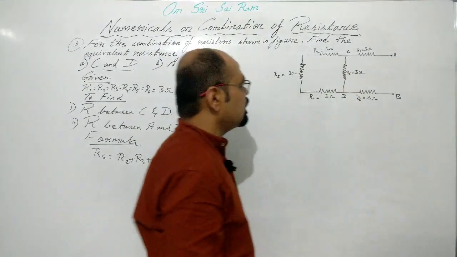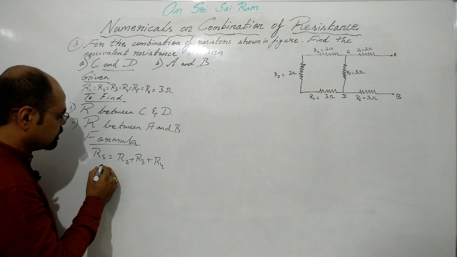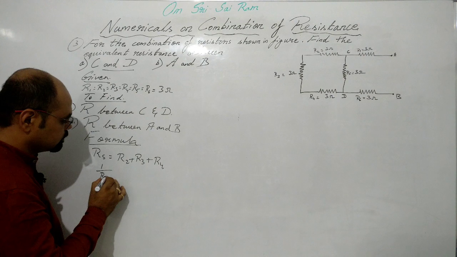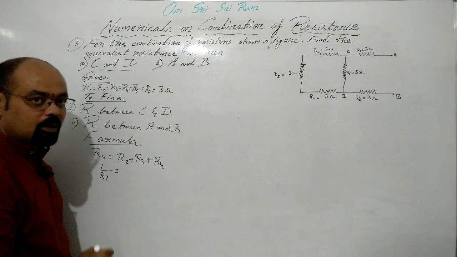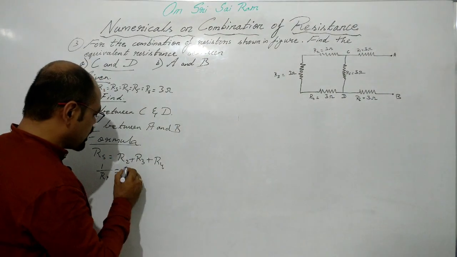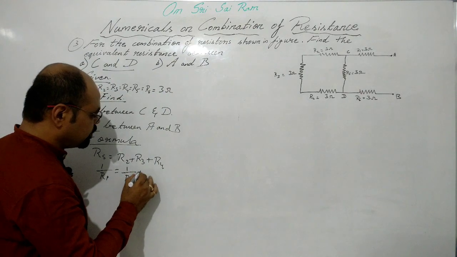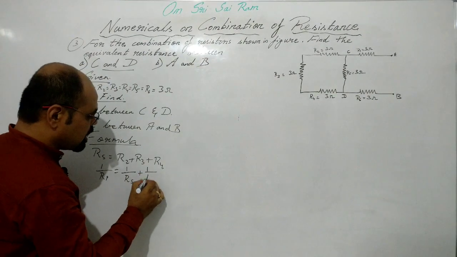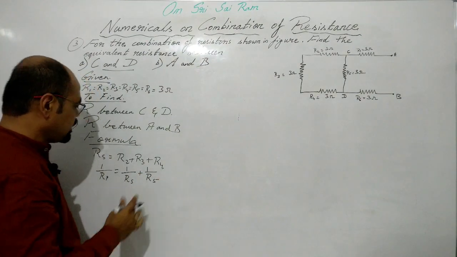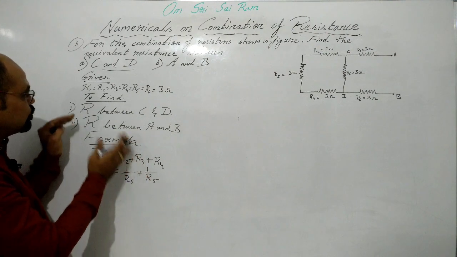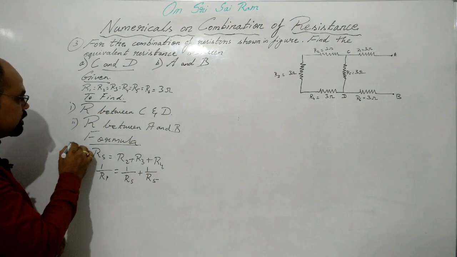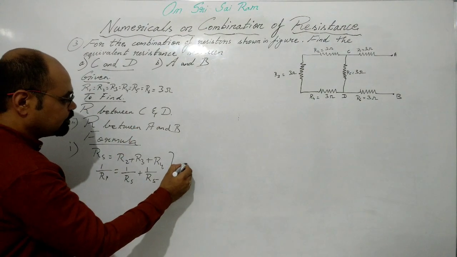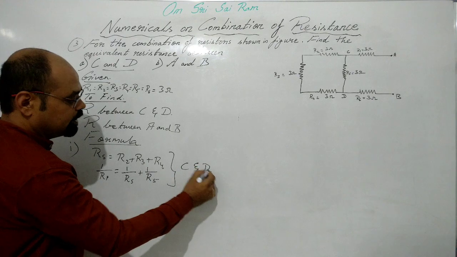When we go to the parallel, we can write 1 by Rp equals 1 by Rs plus 1 by R5. Okay, this is the formula to find the equivalent resistance between C and D.